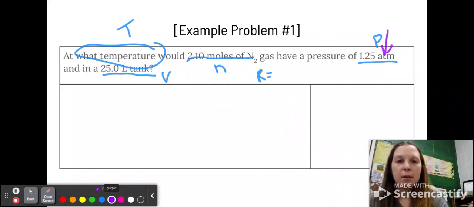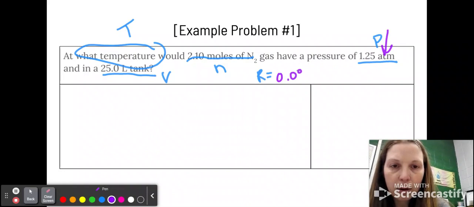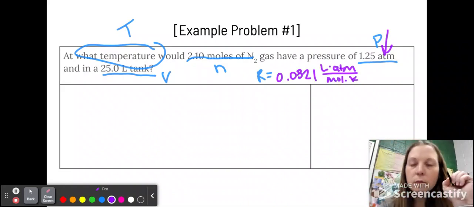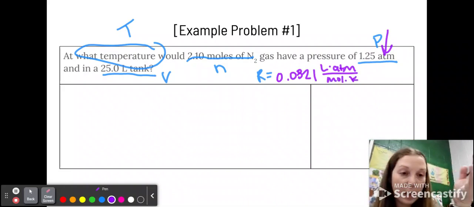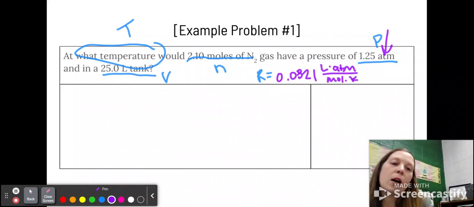For atmospheres, our value is 0.0821 liters times atmosphere per mole Kelvin. It's got a big unit because it's got to cancel everything out. Now that we know that, we're going to jump down and set up our calculation.